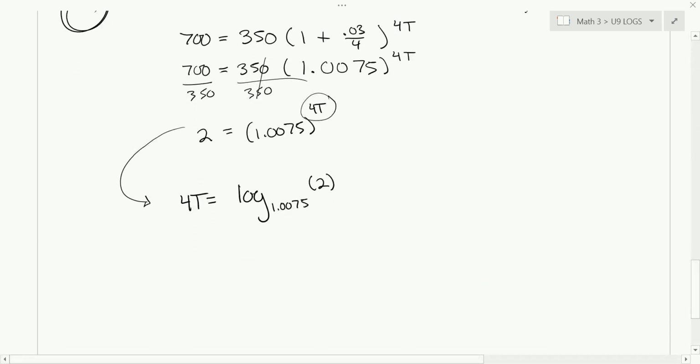Okay? So how? So I'm going to write 4 times t is equal to what? You guys remember changing the base? It's where this becomes a fraction. You need to peek back at section 7.